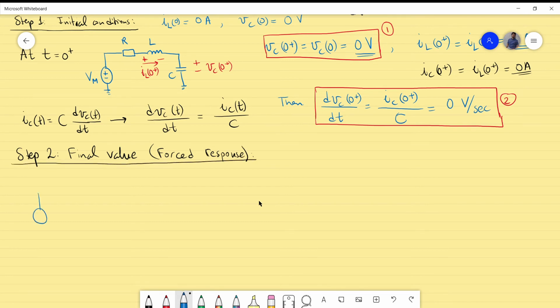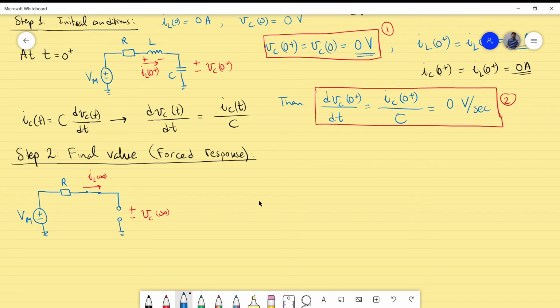We have the voltage source present, that is the VM, and the resistor is in place. The inductor is modeled by a short circuit, but the capacitor will be an open. If I denote the capacitor voltage and the inductor current by the sign infinity, meaning the final value, what do I have?